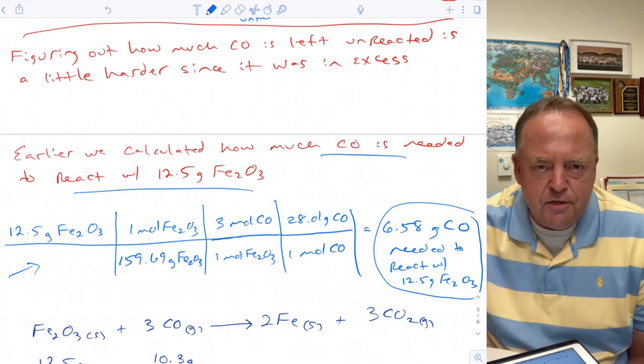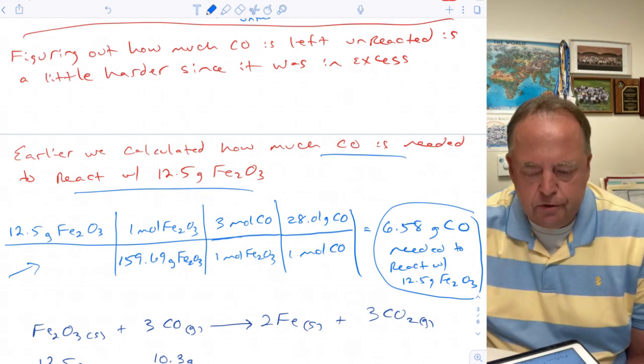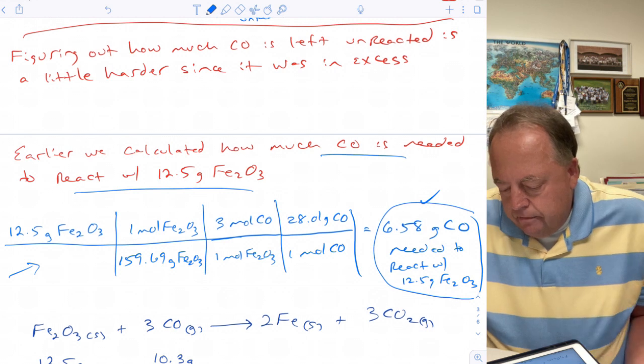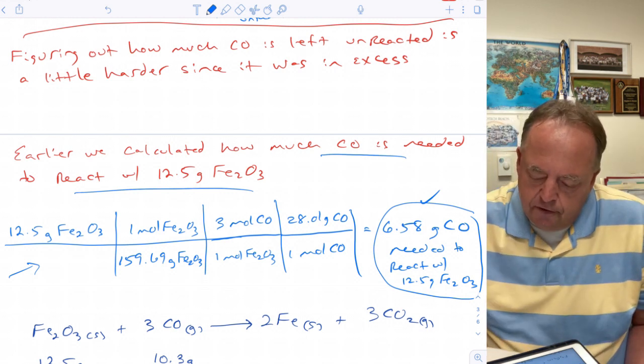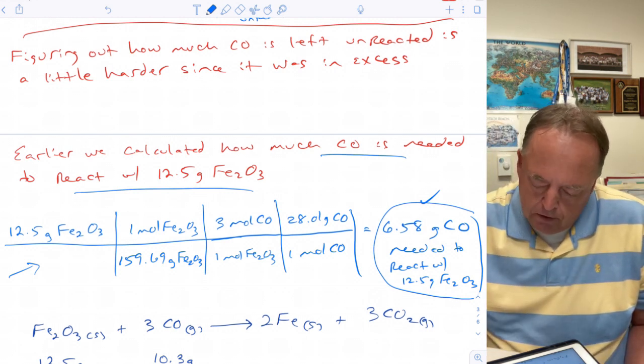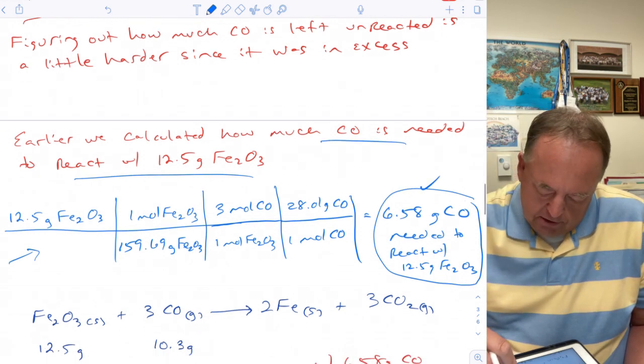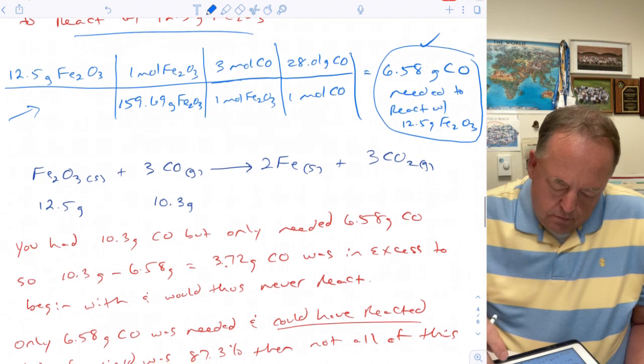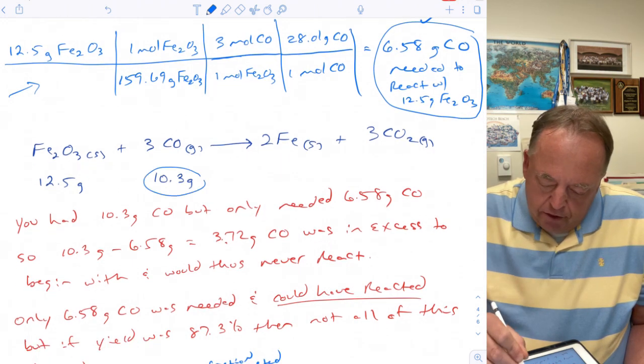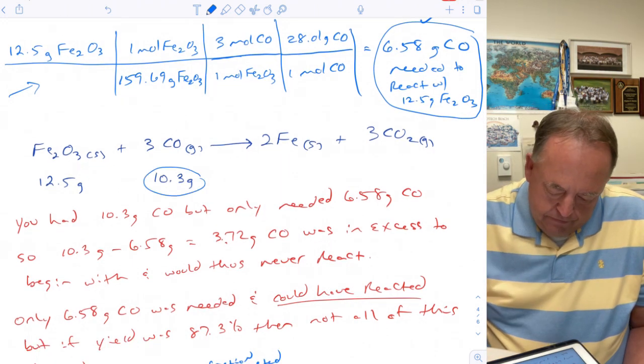That was the method 2 that we used to figure out which was the limiting reagent. So you needed 6.58 grams of carbon monoxide, and you had 10.3 grams to start with, right?